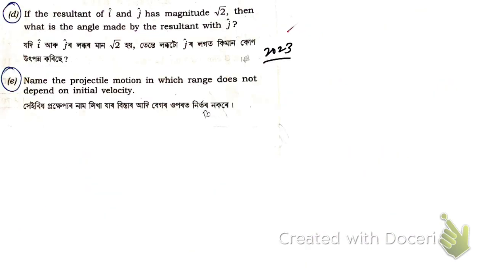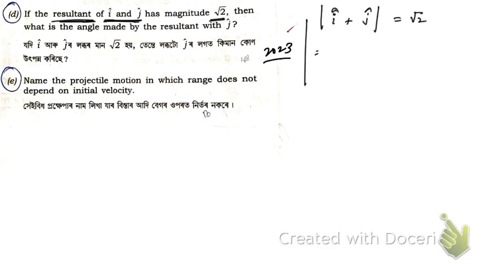These two questions were asked in 2023. The resultant of i cap and j cap has the magnitude root 2, then what is the angle between i and j? That's obviously 90 degree. The magnitude of the resultant of these two is given as root 2.